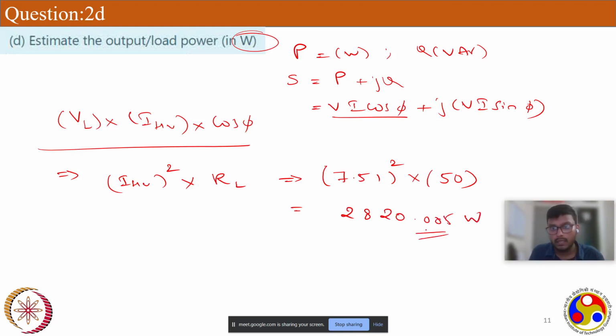Yeah, this is the load power we are getting. Please tally with the answer, and you can also cross verify this answer with this formula after the session just to check the answers. Correct.